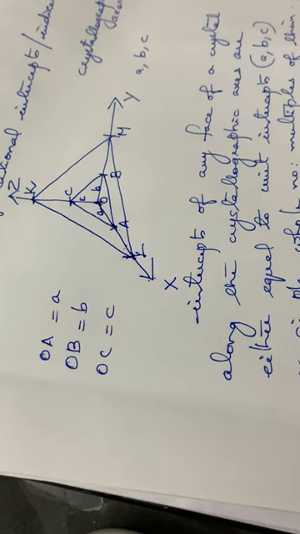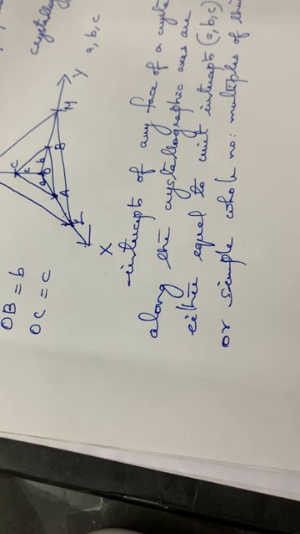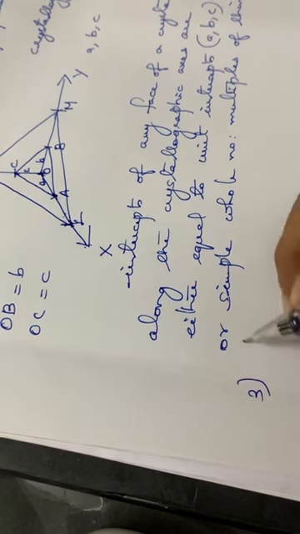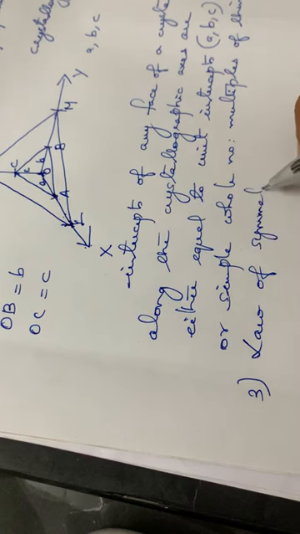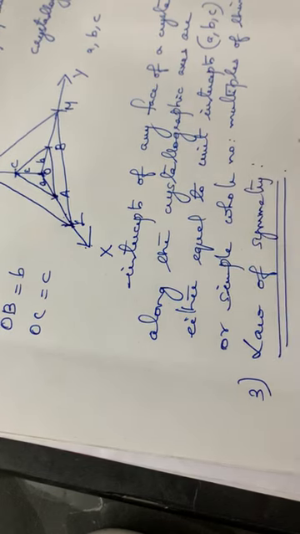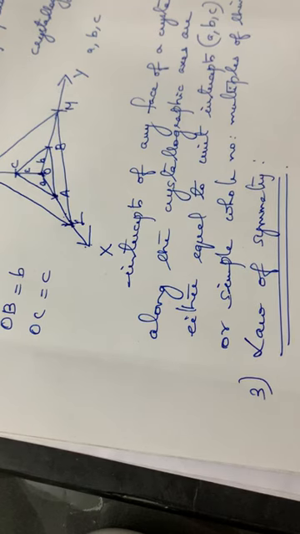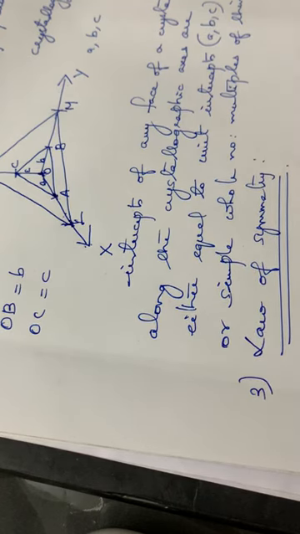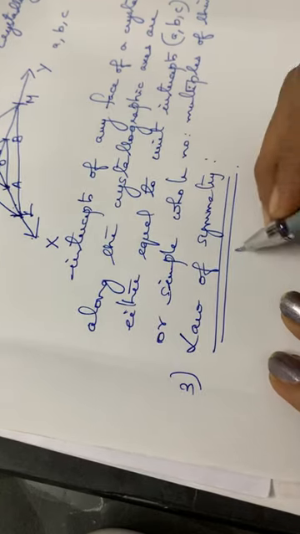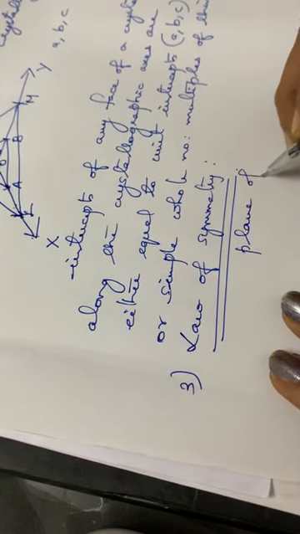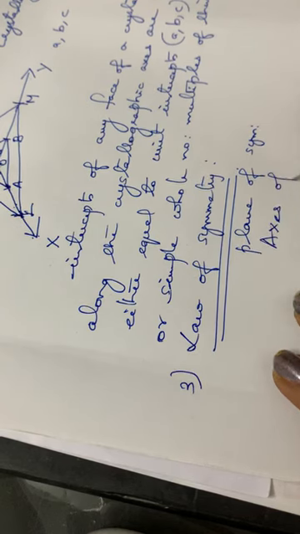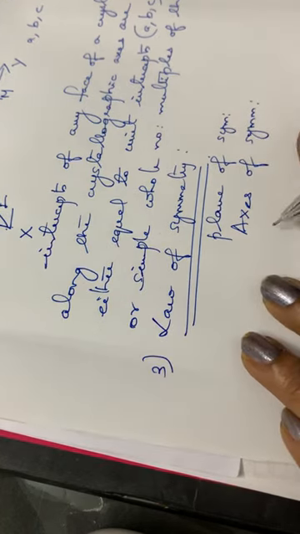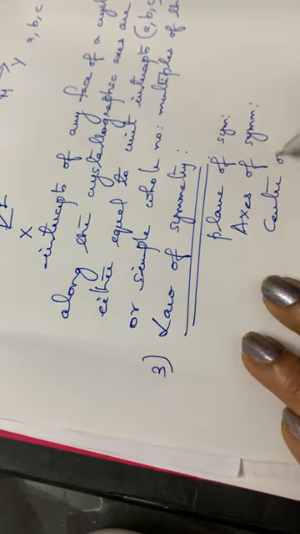And the next one, the third one, is the law of symmetry. The law of symmetry we have seen already. That is, how a crystal can be divided: there will be a plane of symmetry, an axis of symmetry, and also a center of symmetry for a crystal.